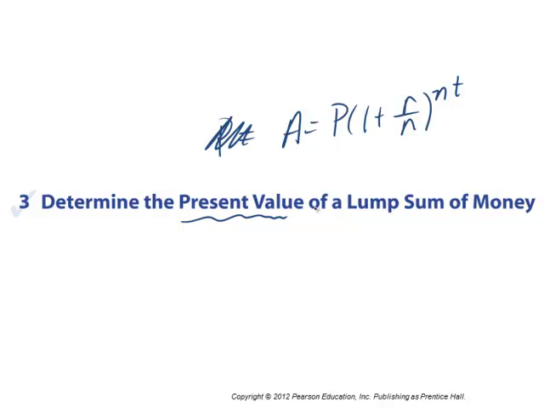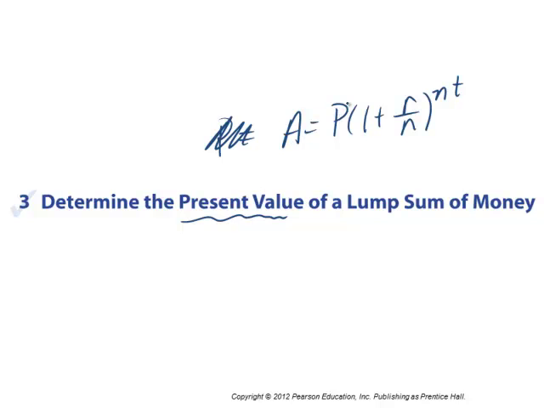How much money do I need to invest now in order to get that future balance? If I know the interest rate and how much time is going to pass and the number of compounding periods per year. Well, what you could do is you could take this equation.